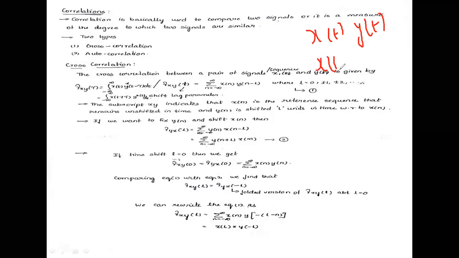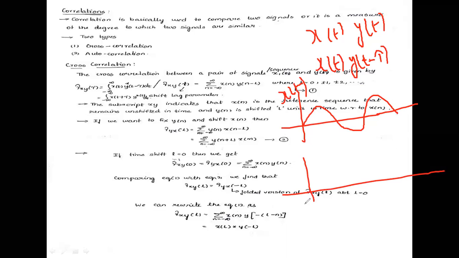X of t is a signal, and the other signal is shifted by some samples, t minus tau. Taking a sinusoidal signal as x of t, y of t is shifted with the tau samples. Then again there is a comparison between the two signals for similarities, identical.